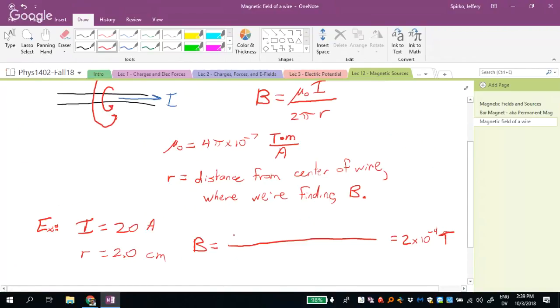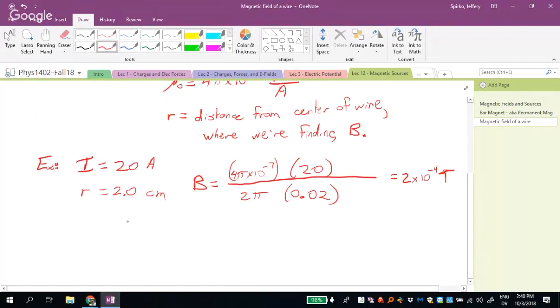So this should be 4 pi times 10 to the minus 7th times 20 over 2 pi times 0.02. That should be what you did. And I think it works out.